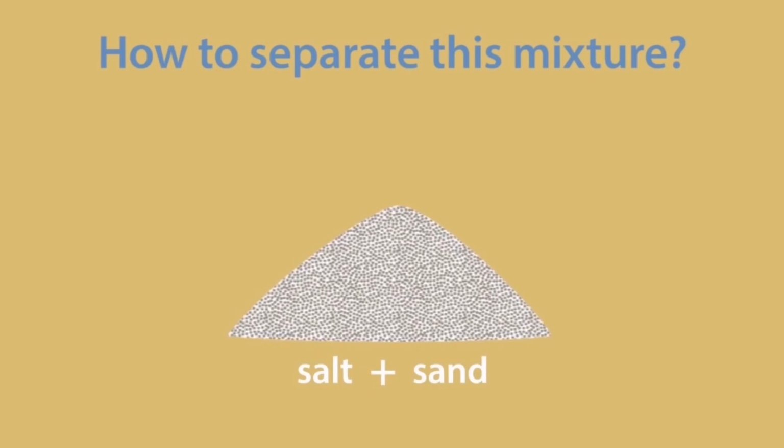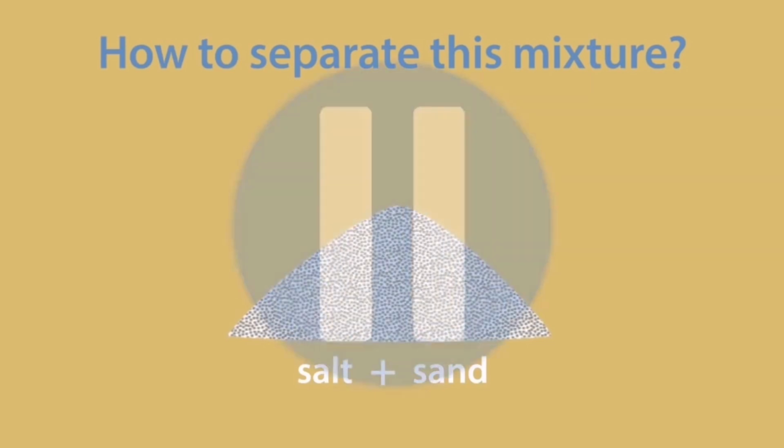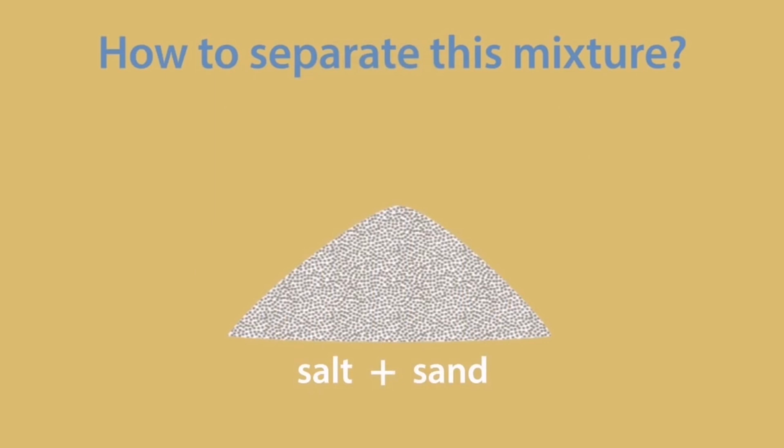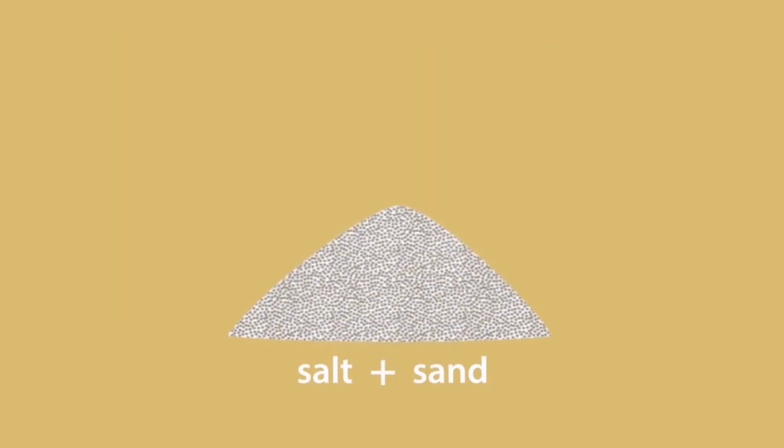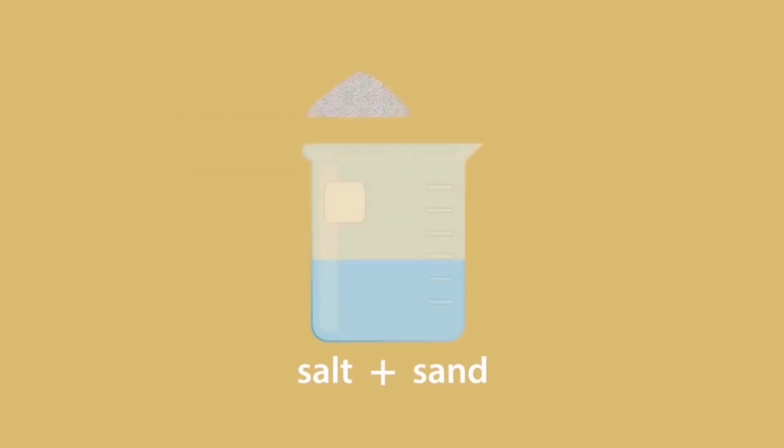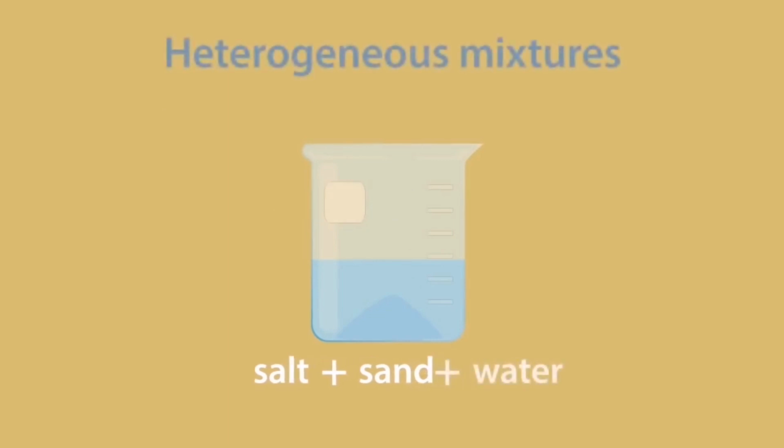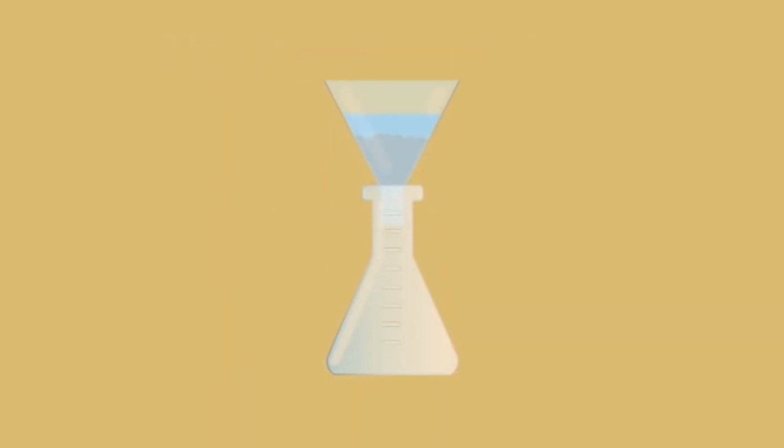Pause, think, and continue when you have an answer. The salt and sand mixture can be added to water. Salt will dissolve, but sand cannot. The resulting heterogeneous mixture can be filtered through a funnel lined with filter paper and washed with water to remove as much salt as possible.